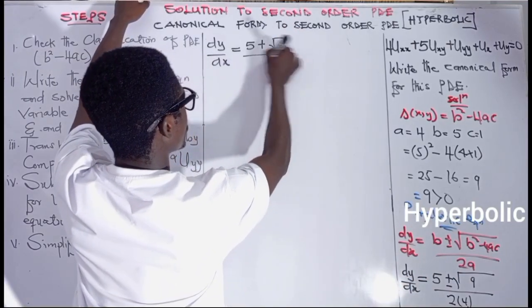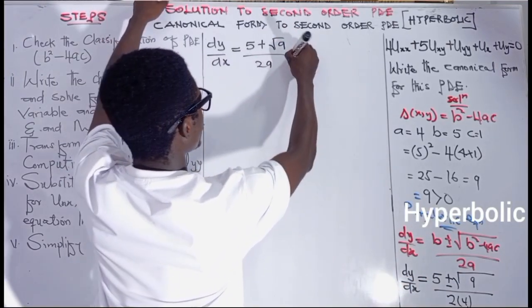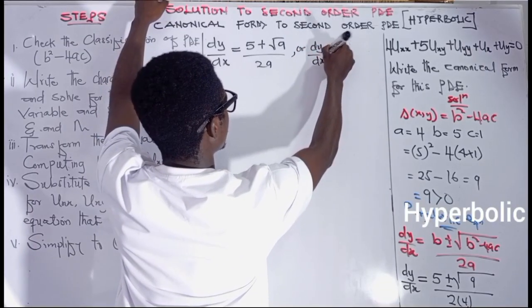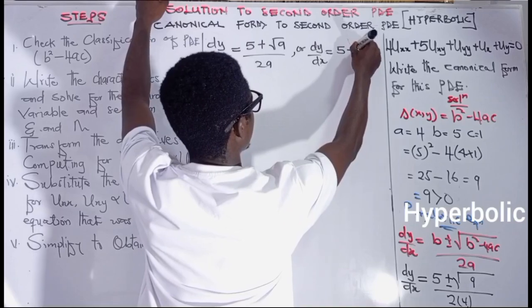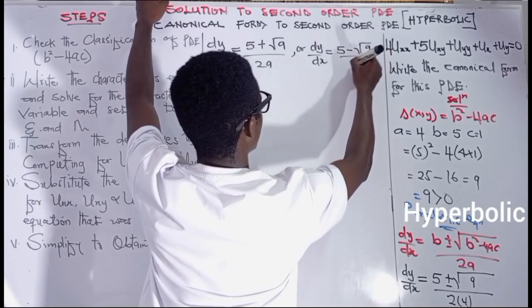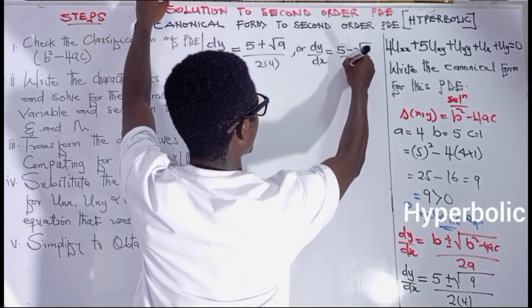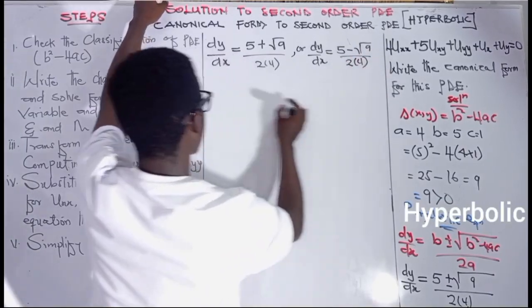Then we have root of 9 all over 2a, and then we can also have our dy/dx equal to 5 minus root of 9 all over what? Sorry, 2 times 4. That's going to give us 8.